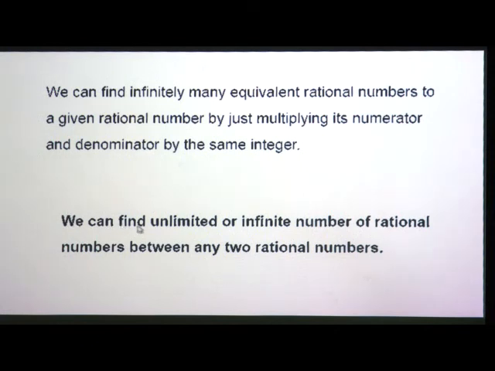So, we can find unlimited or infinite rational numbers between any two rational numbers, by multiplying its numerator and denominator by the same integer.